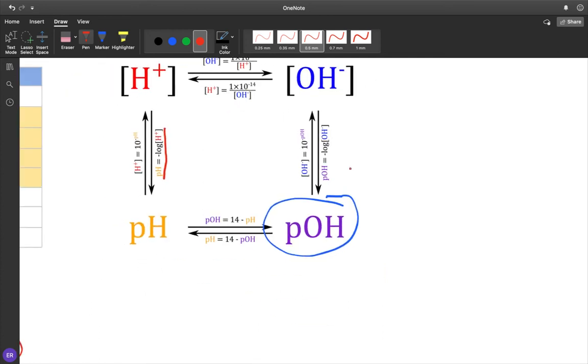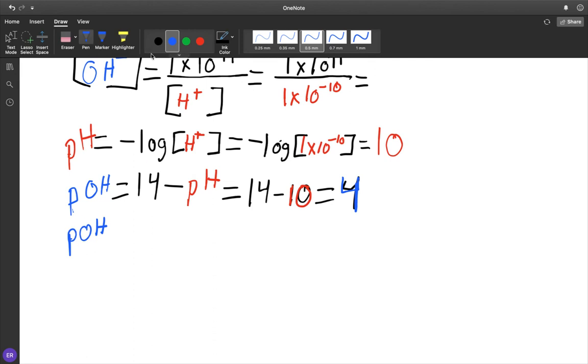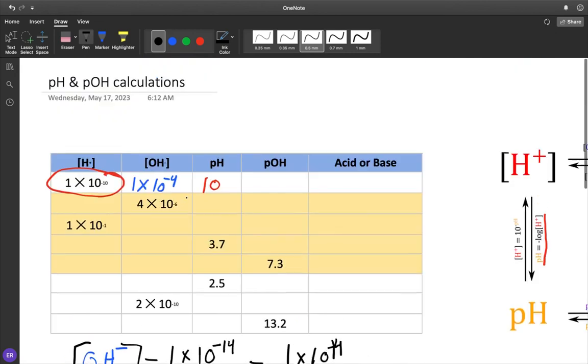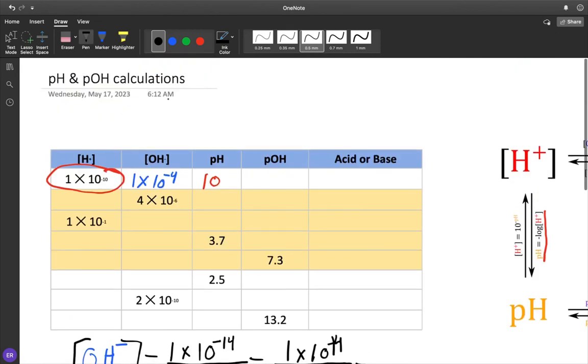We've already found it, I'm just showing you how to find it using the concentration instead of the pH. So negative log of the concentration of OH, which we found to be 1 times 10 to the negative 4.